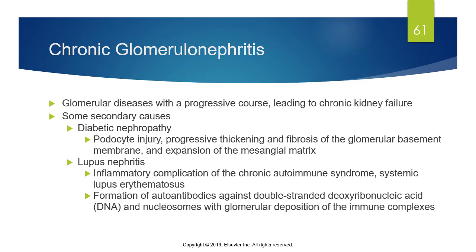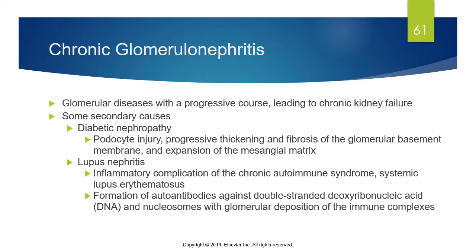My last slide is a discussion of chronic glomerulonephritis. These are glomerular diseases with a progressive course that can lead to chronic kidney failure. And some of the secondary causes are diabetic nephropathy, where there's podocyte injury, progressive thickening and fibrosis of the glomerular basement membrane, and expansion of the mesangial matrix.